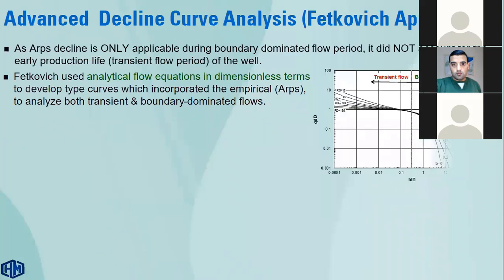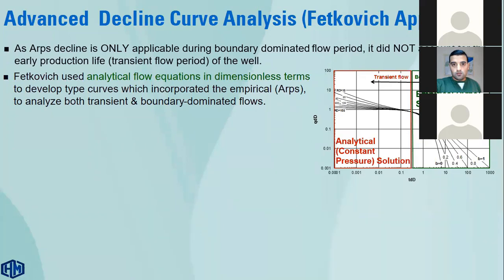The second type of decline curve analysis is the advanced decline analysis, or Fetkovich approach. The Arps equation is only applicable during boundary dominated flow, or steady state flow conditions, so it's important to consider the transient flow condition.